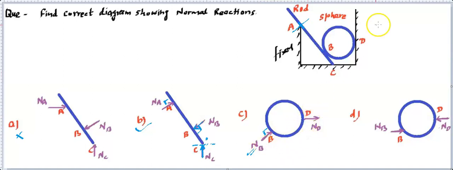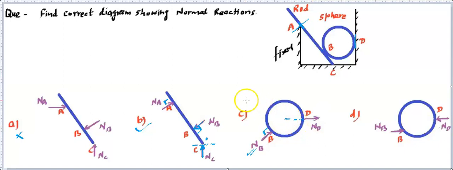But what about ND? It also has to be perpendicular to this surface, perpendicular to the tangent, or you can say along the common normal. The normal always passes through the center. Yes, it is passing through the center. But it should be a pushing effort, because this wall should push this sphere. So the arrow must be in this direction, but the arrow has been shown opposite.